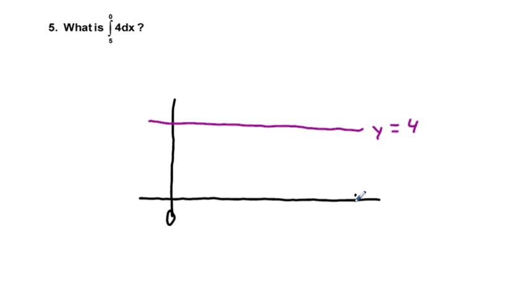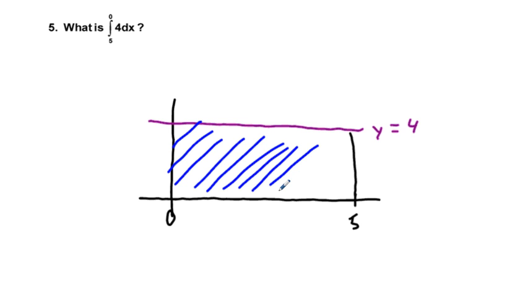I'm going to put 0 here and 5 over here. And so we're looking at this area here. It's simply a 4 by 5 rectangle right here. And since we reversed the order, we have that negative, so we're equal to negative 20. So that's going to be our answer, and that's it.